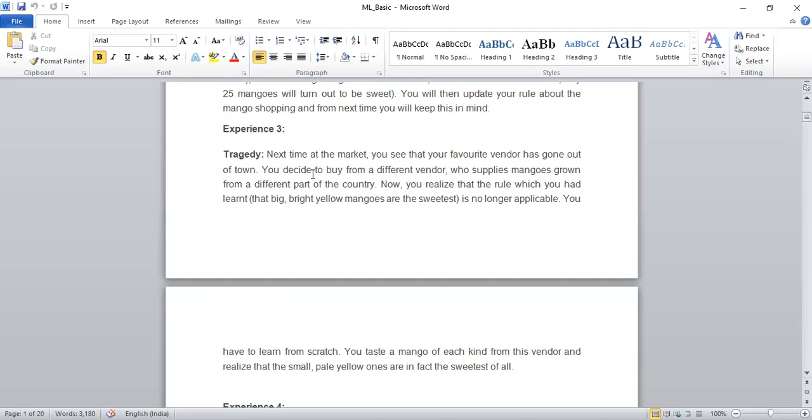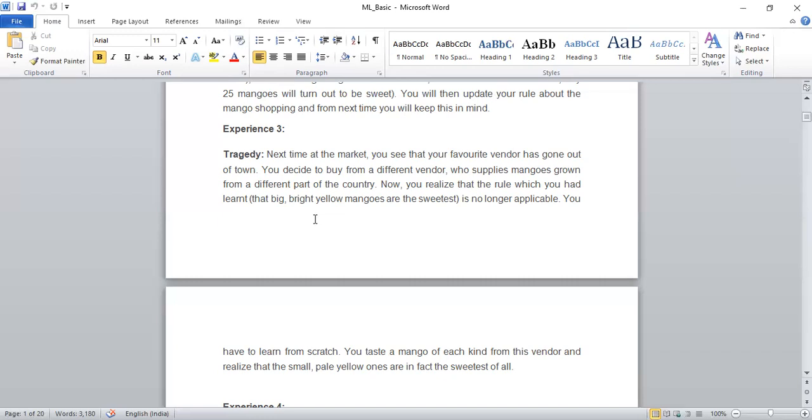So look at this experience 3. Next time at the market, you see that your favorite vendor has gone out of town. You decide to buy from a different vendor who supplies mangoes grown in a different part of the country. Now you realize that the rule which you had learned, that big bright yellow mangoes are the sweetest, is no longer applicable. You have to learn from scratch.